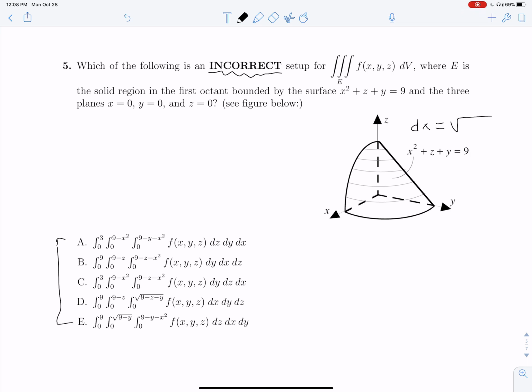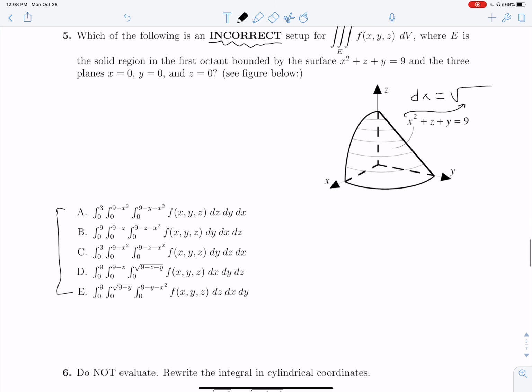I'm losing my train of thought, but essentially it'll be very helpful how we need a square root whenever we're taking the derivative with respect to.